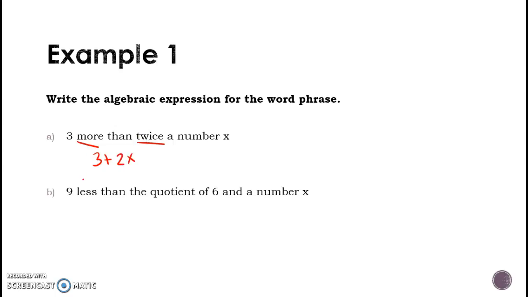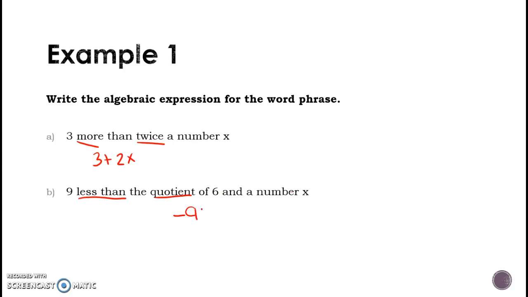So here's our next one. 9 less than the quotient of 6 and a number x. So less than is our key. So less than means we are subtracting 9. And remember, when we see less than, we flip the order in which we're writing. So we're going to have minus 9. Quotient means division.